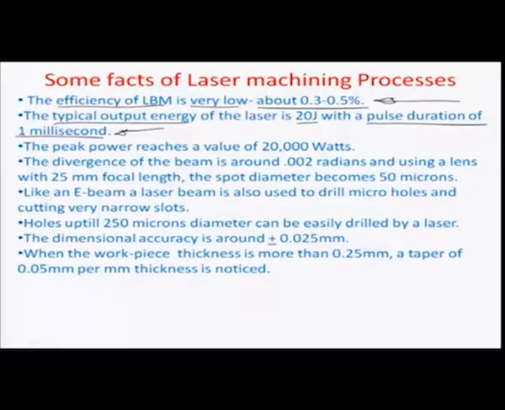The peak power of lasers reaches typically a value of about 20,000 watts, particularly when machining and material removal are involved. In such a situation, the divergence of the laser beam is only about 0.002 radians. So, there are very few diffraction effects, and you can easily focus a laser to a spot of almost 50 microns.